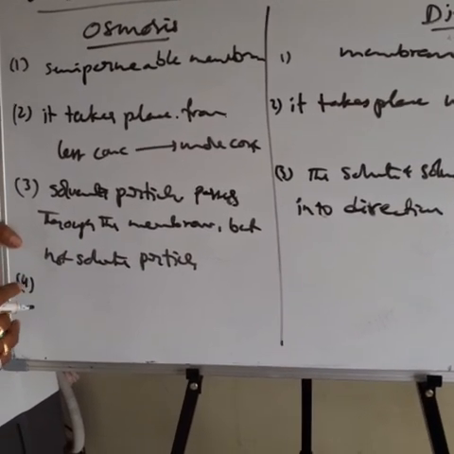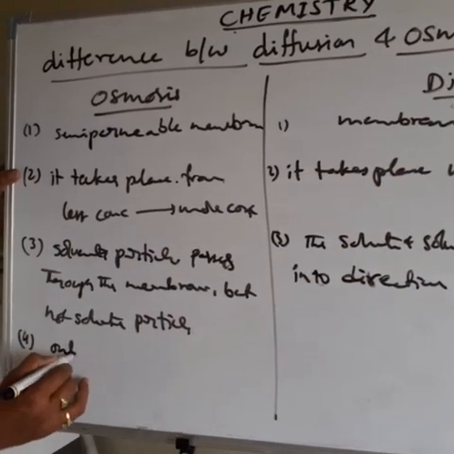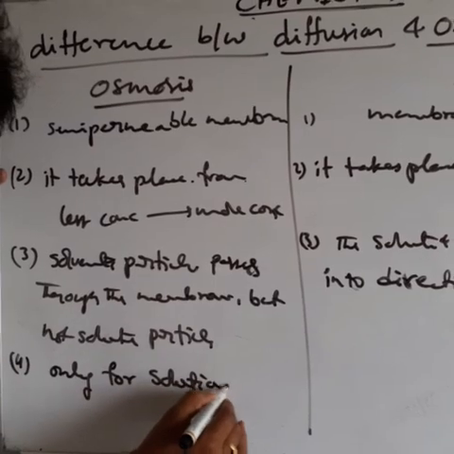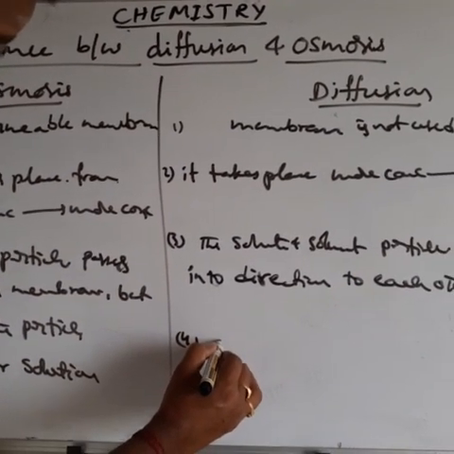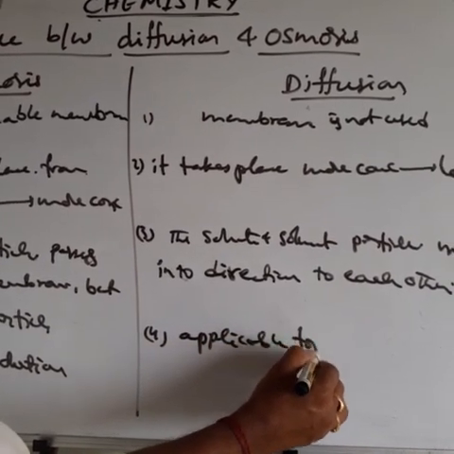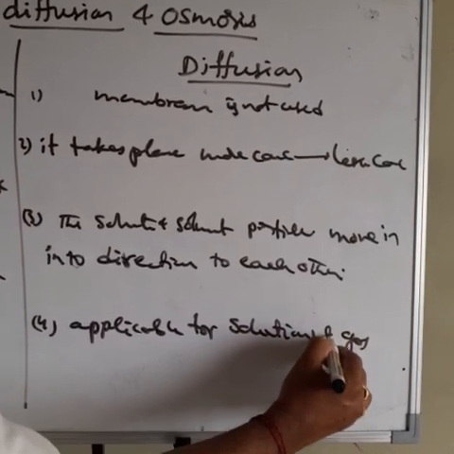Then the fourth one is that osmosis is applicable only for solutions. But diffusion is applicable for solutions and also gases. Why?